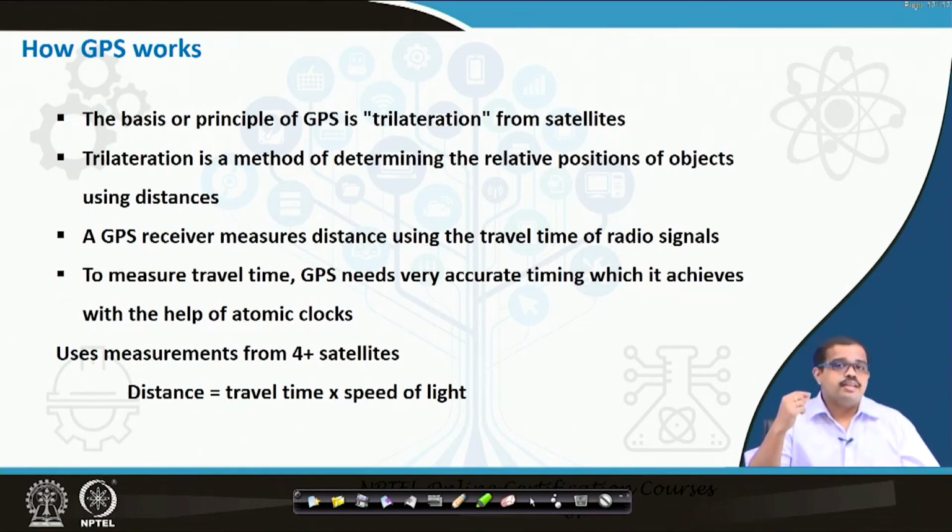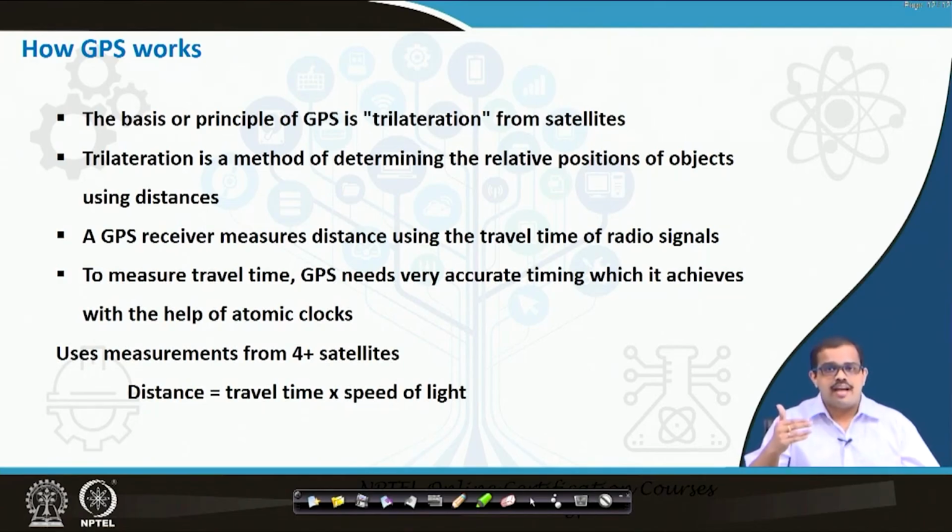I did inform you that GPS needs at least 4 signals, but it works on the principle of trilateration from satellites. Trilateration is a method of determining the relative position of objects using distances. So distance is a measurement point here, or the distance is a reference point. A GPS receiver measures distances using the travel time of the radio signals.